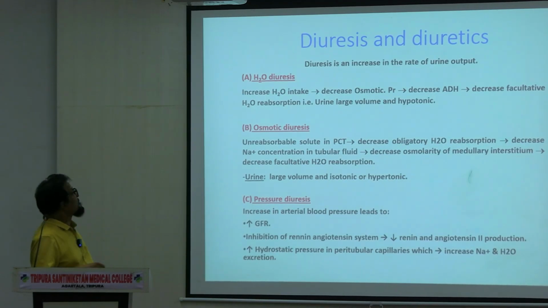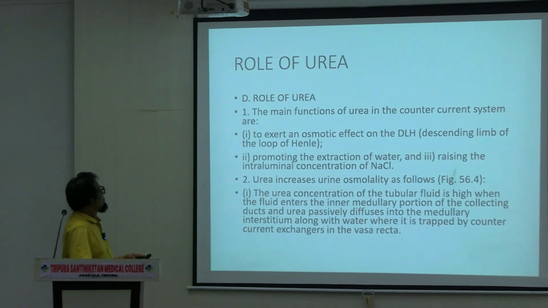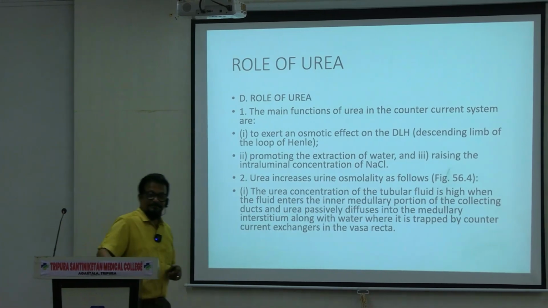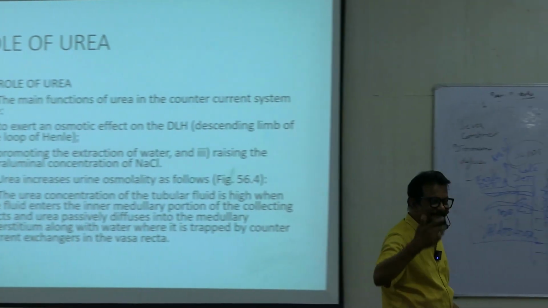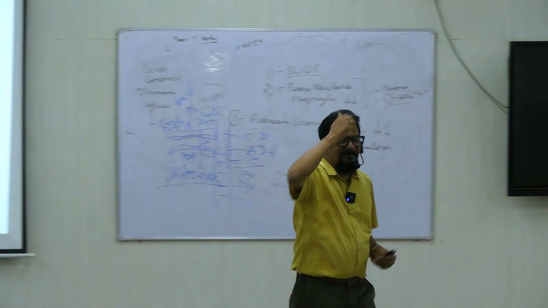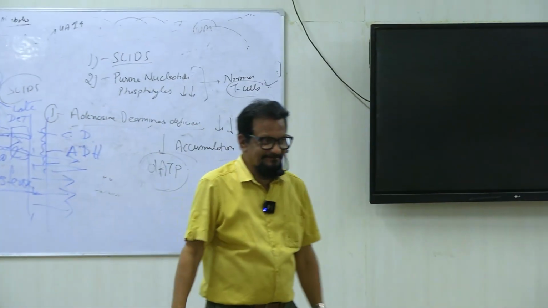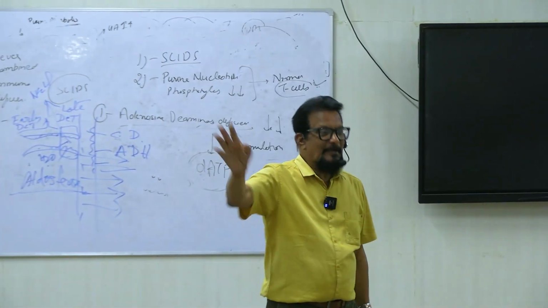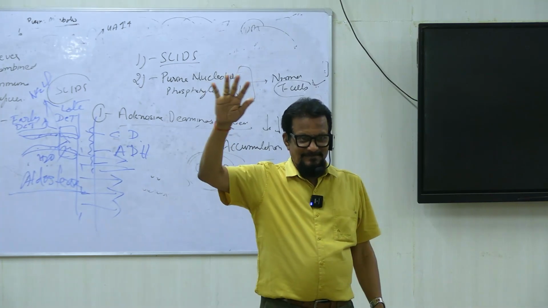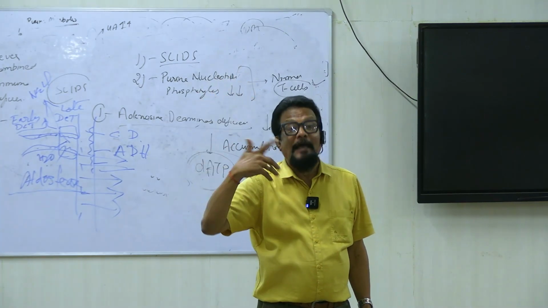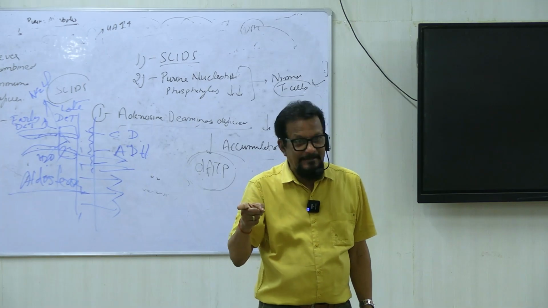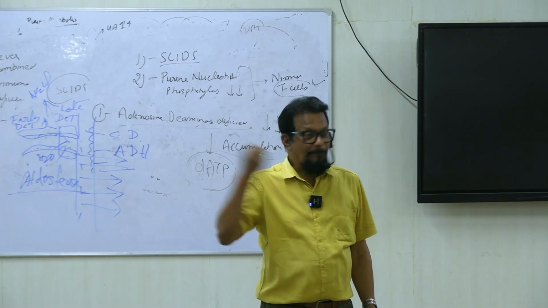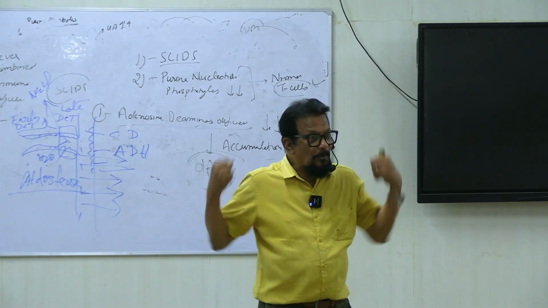What is diuresis? Diuresis is increased urination, increased water loss. Okay, this is called diuresis. ADH, what is the function of ADH? Reabsorbing the water.